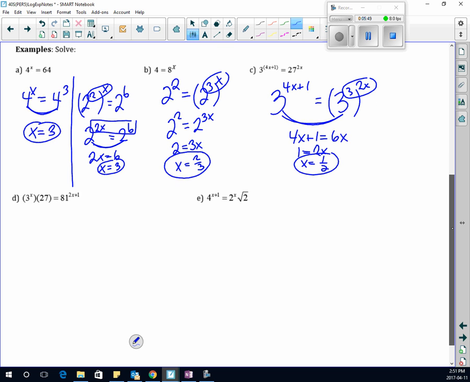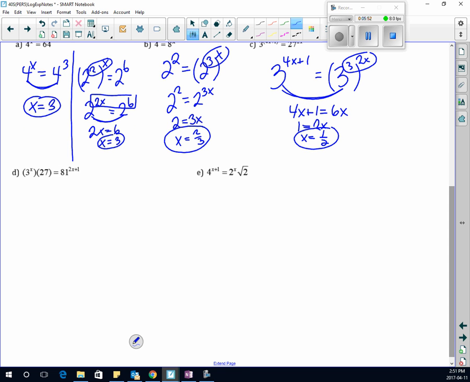Okay, let's move on to D. 3 to the power x times, what's 27? 3 to the power 3, it's 81. 3 to the power 4, and that's to the power 2x plus 1. When you're multiplying the same base, what do you do to the exponents? You add them. Very good. So I'm going to show my intermediate step at this point. So 3 to the power x plus 3 equals, of course, power to the power.